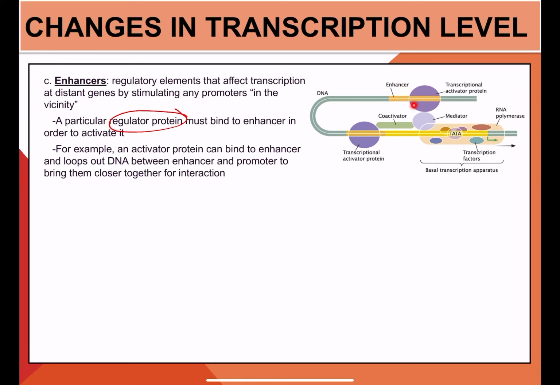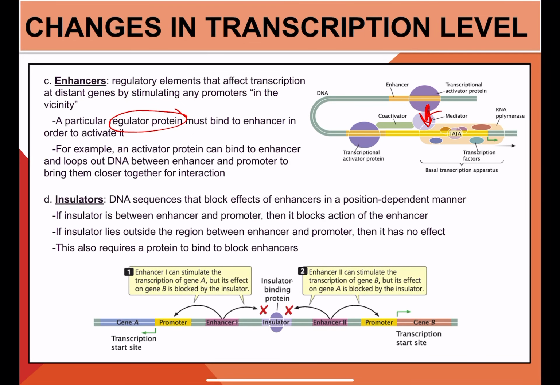It's just some other sequence out here, but it can bind an activator protein, and somehow this activator protein likes this particular mediator, or it likes the RNA polymerase. Overall, along with the activator protein here, this can contribute to stabilizing this structure and allow for activation of gene transcription. So that's how an enhancer provides an extra site that will, in a sense, enhance the expression of that particular gene.